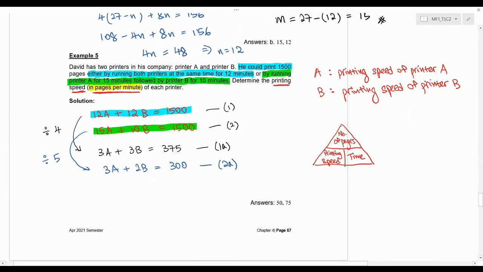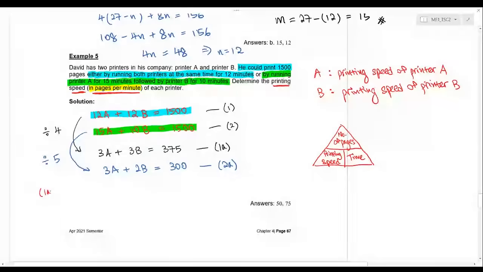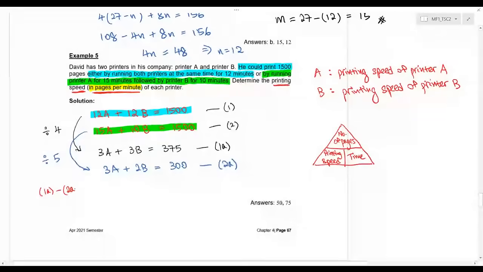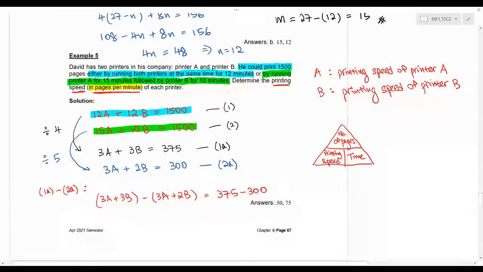By simplifying, reducing the coefficients down for both, I can therefore do a subtraction, an elimination, by taking equation 1a and subtracting 2a. When I do that, I will have 3a plus 3b, subtract 3a plus 2b, equals 375 minus 300.